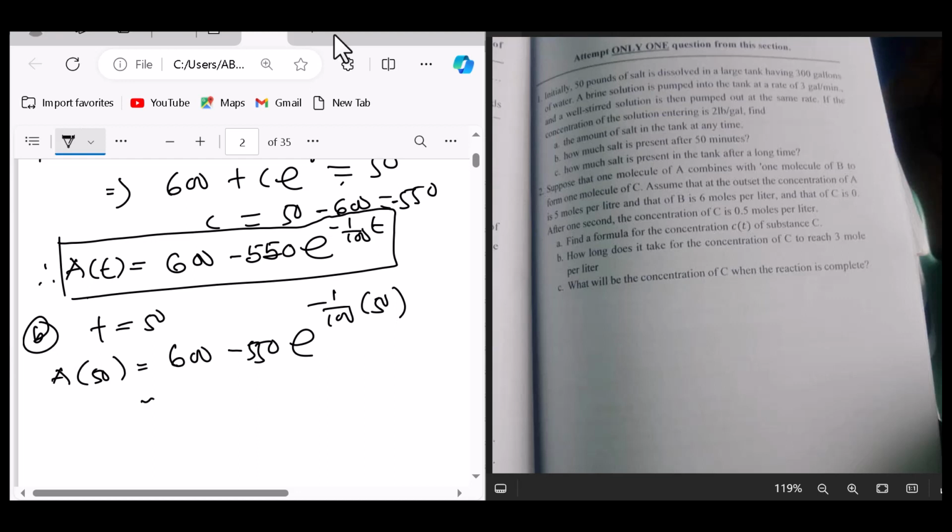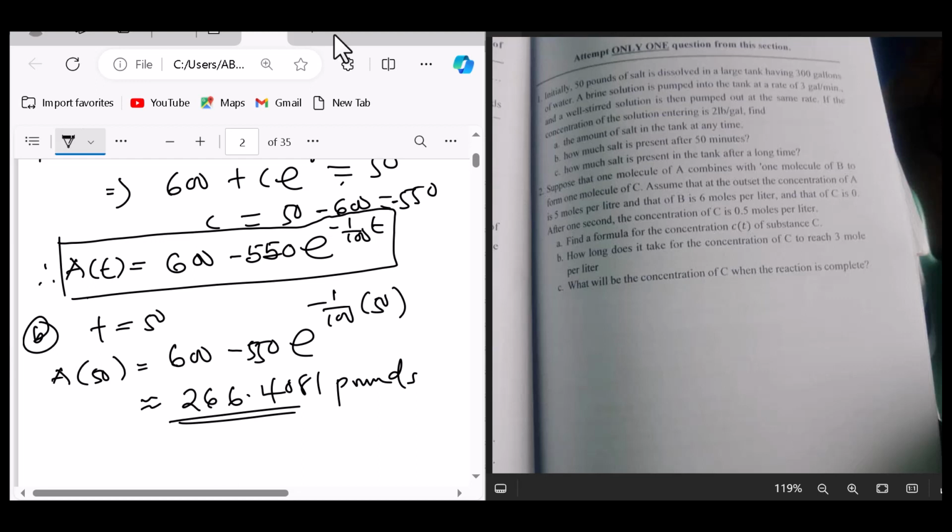Putting this in your calculator, you get 266.4081 pounds or so.